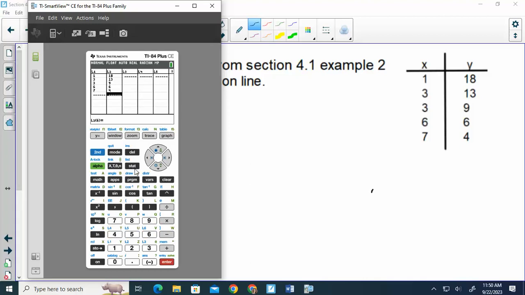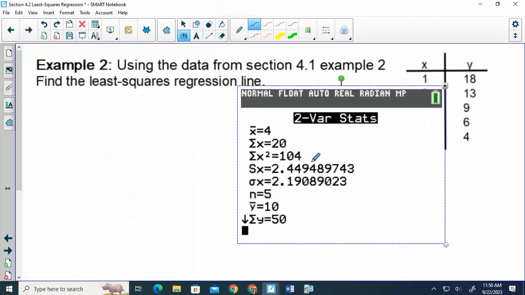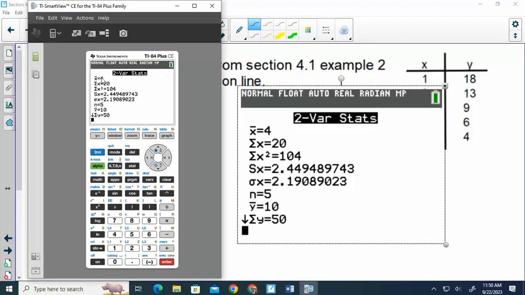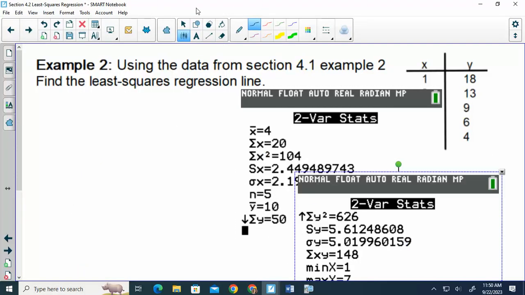So let's go to stat, calculate two variable statistics. So x is L1, y is L2. All right. So here's all of our information.